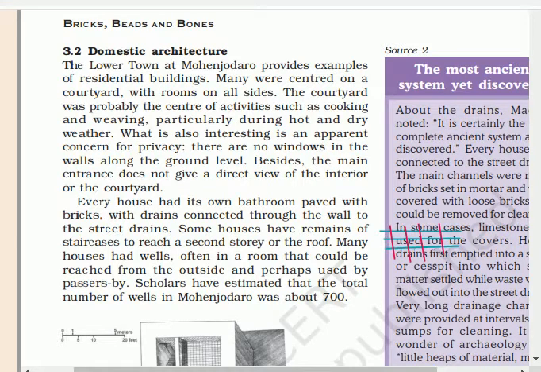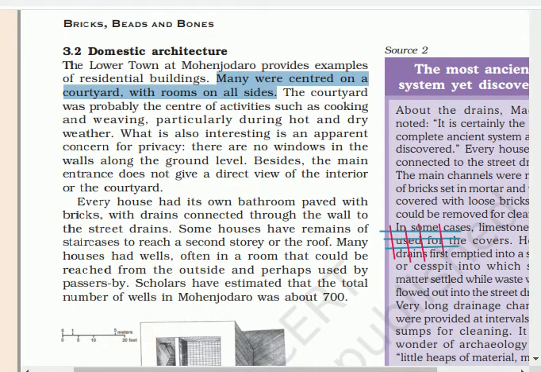So what were the features? First, many houses were centered around the courtyard. It means the house was built like this, with rooms all around.